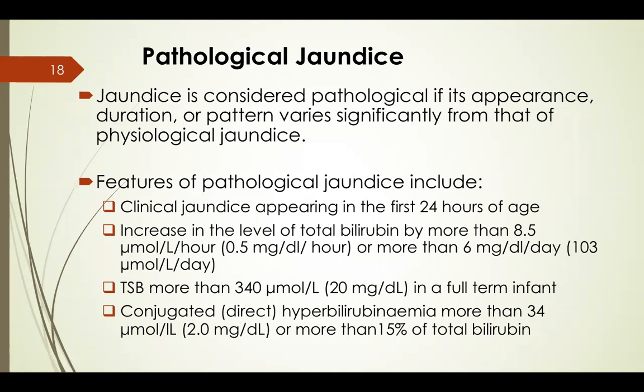Some housemen understand it as more than 14 days in term baby, 21 days in preterm. It's okay, it's a good understanding. But you need to remember, when you say pathological jaundice in prolonged jaundice, you need to think about conjugated and unconjugated. That's a thing you need to remember.